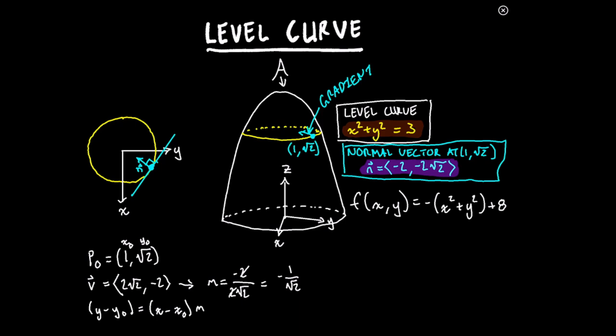So then from all that, we get that the equation must be y minus y naught, which is root 2, equals x minus x naught, which is 1, multiplied by negative 1 over root 2.